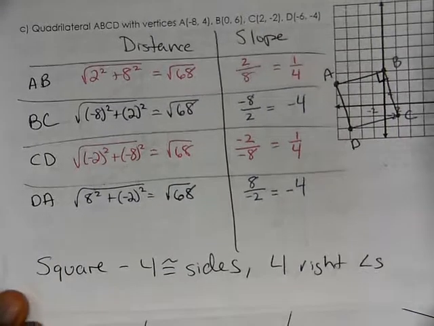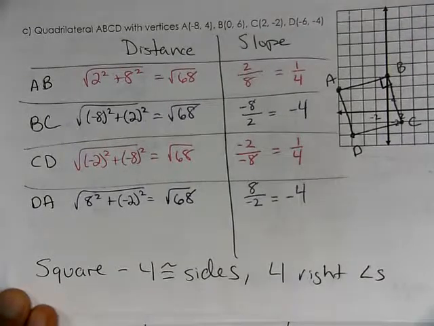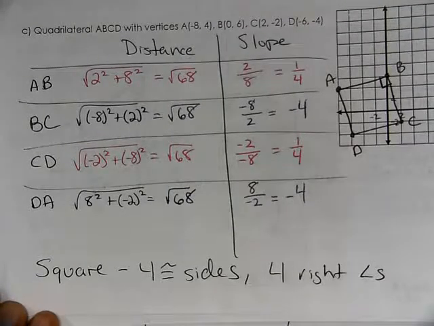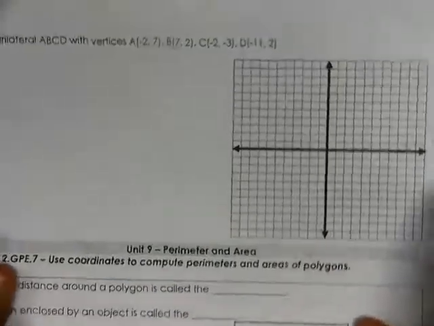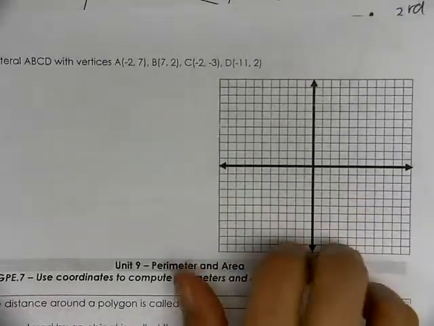I'm trying to give you an idea of all the different kinds. So we are going to do D. First of all, with D, it's the only one you do not have to change the scale.